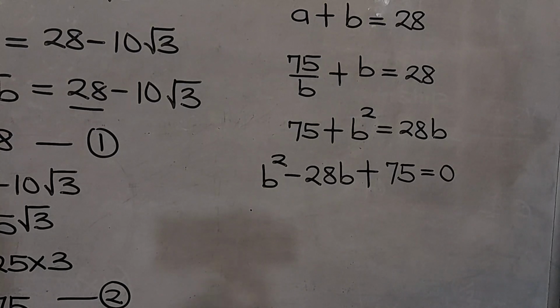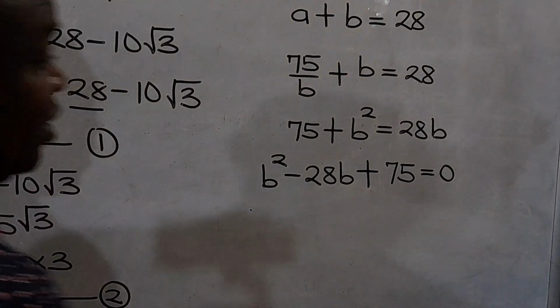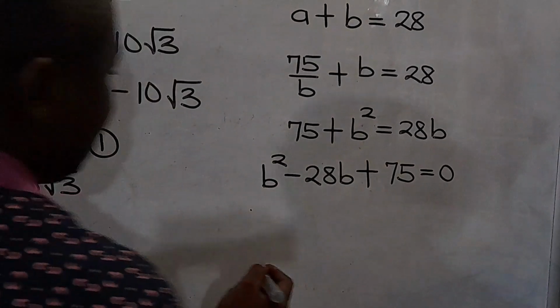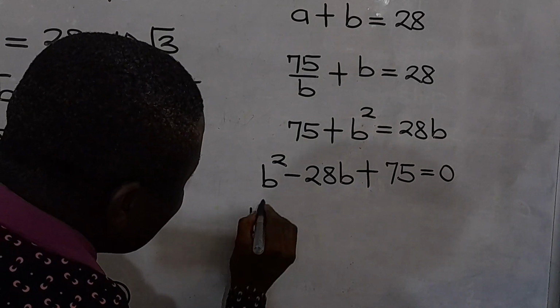Now, there are two ways we can do this. You can either factorize, or use the formula method, or even the completing the square method, depending on your choice. For me, this is b square.